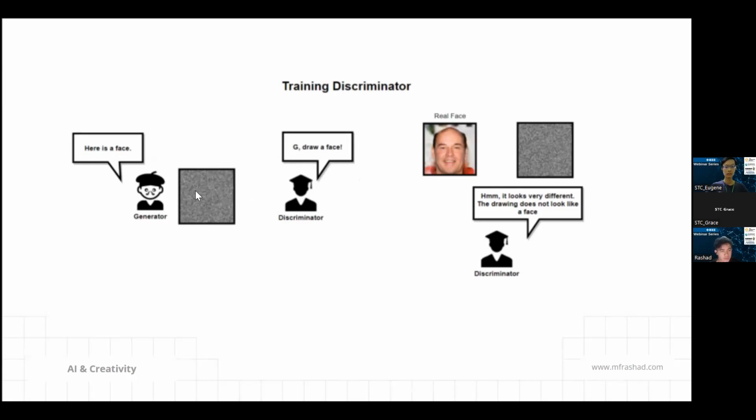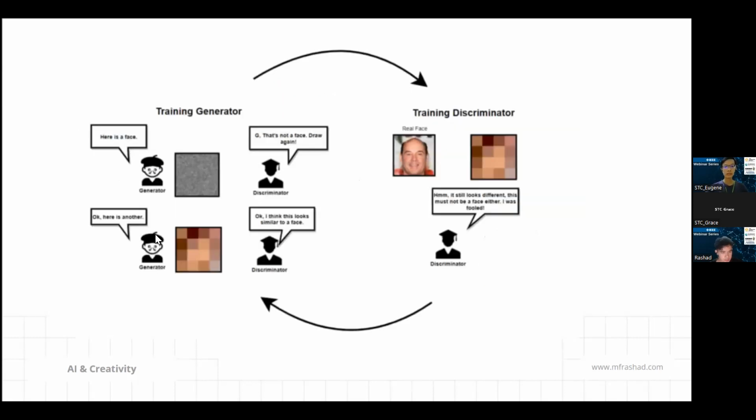These two models compete with each other and eventually become better, to the point where the generator will generate an image that is indistinguishable from the real faces.